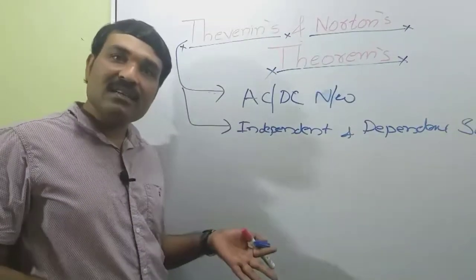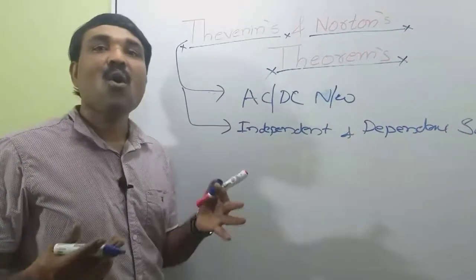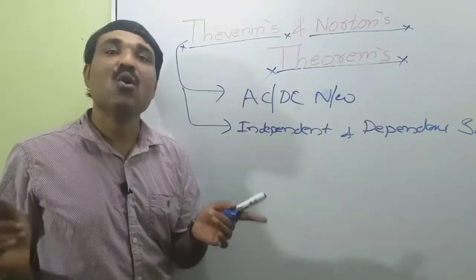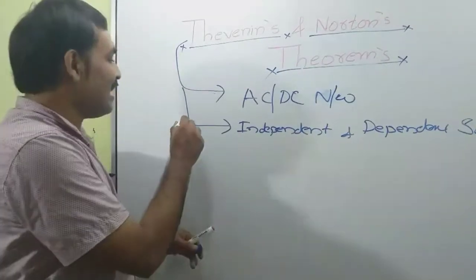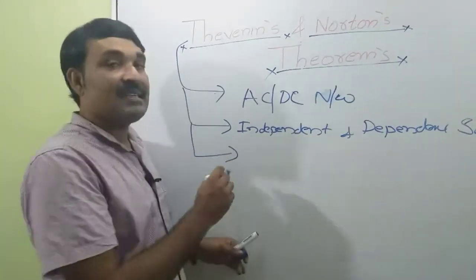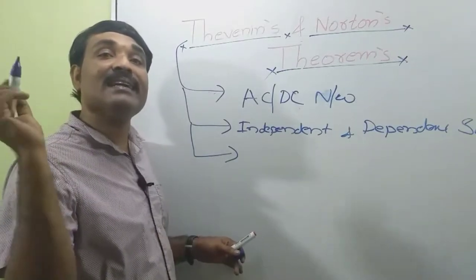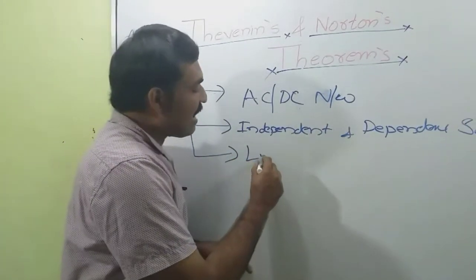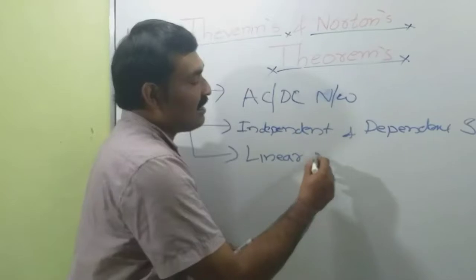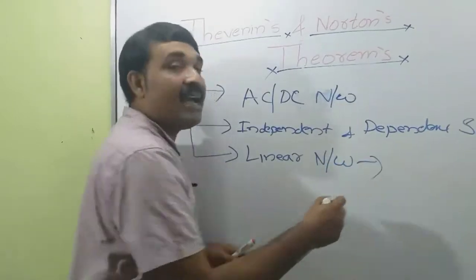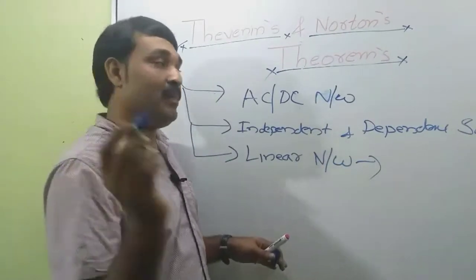Either independent voltage source or current source, or dependent voltage source or current source. Then the next condition is the circuit should be a linear network. That is a linear network containing bilateral elements.